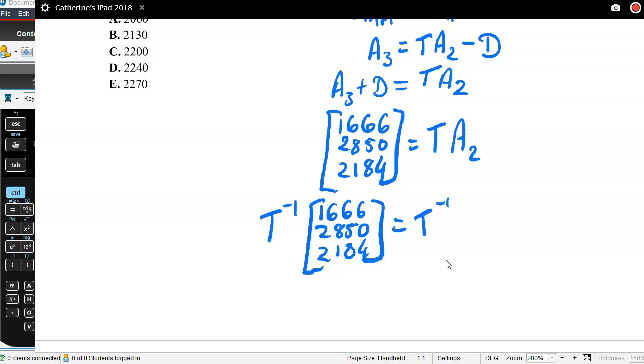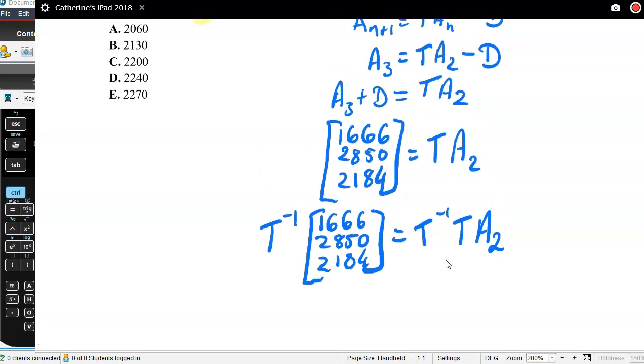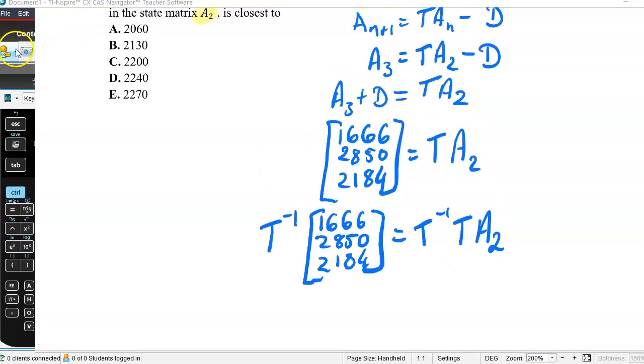Now, do you remember why I'm putting this on the left? That's because T is on the left-hand side of our A2, so this has got to be on the left of that, and same on the other side of the equation. Running out of room here, but we'll make do.